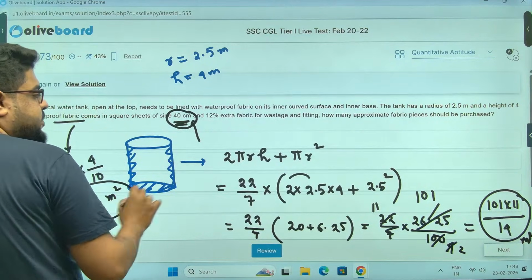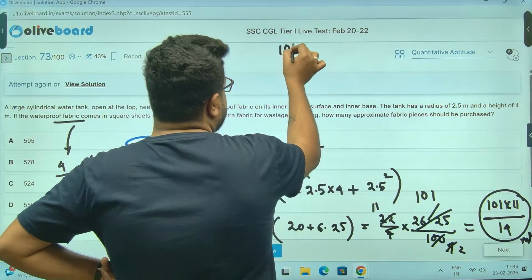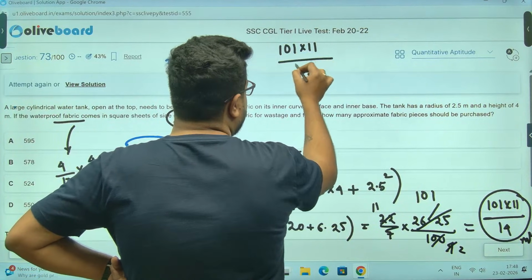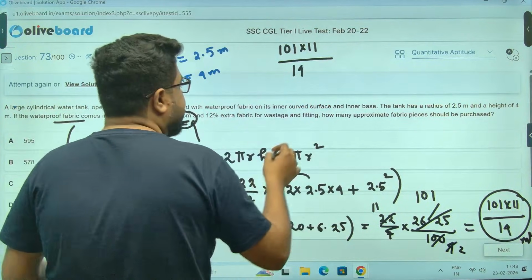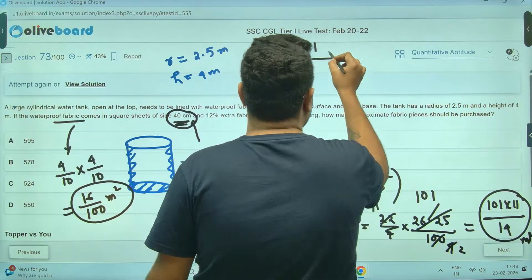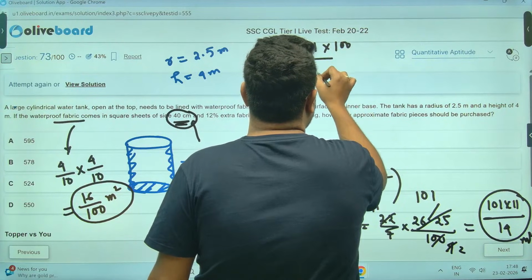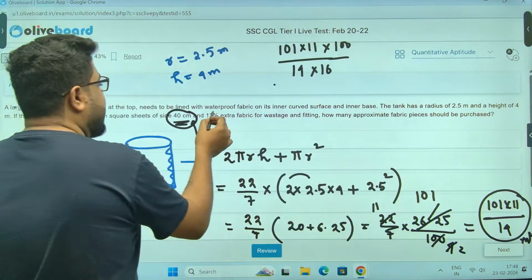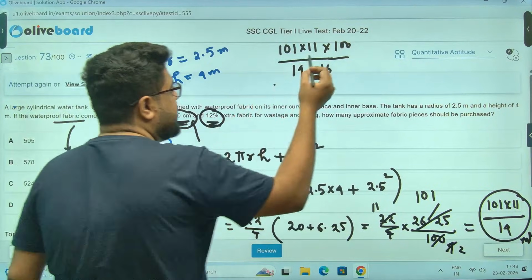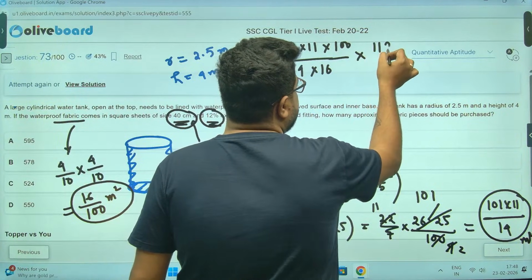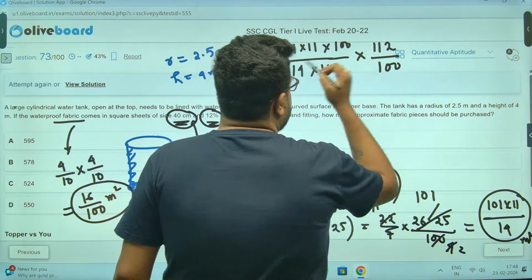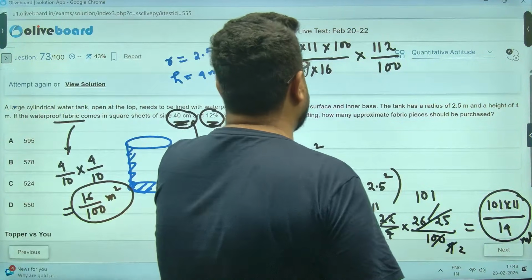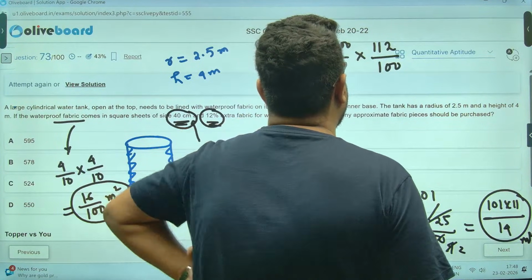So how many sheets will be required? 101 into 11 by 14 divided by this, divided by 16. So that means into 100 by 16. This is approximate. And again, 12% extra will be required for wastages. Sir, this is the calculation that we will be requiring to do.